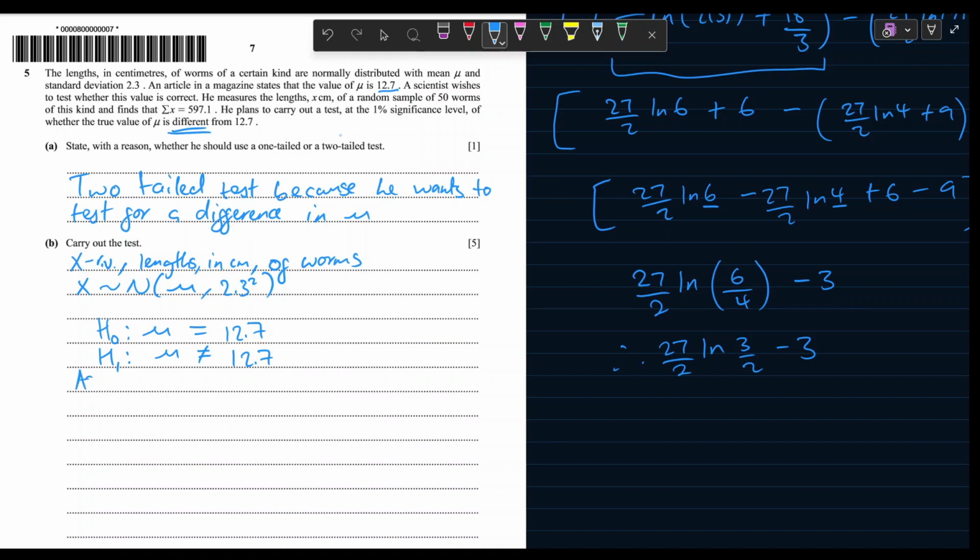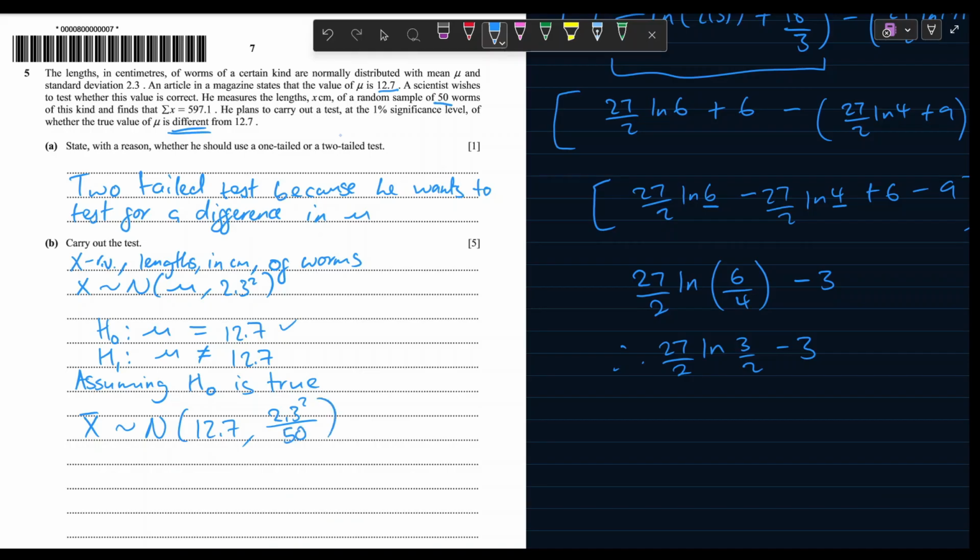And assuming H naught is true, we can say that X bar follows a normal distribution with mean from H naught, which is 12.7, and our variance is going to be 2.3 squared over our sample size. And what is our sample size? It uses a sample of size 50.